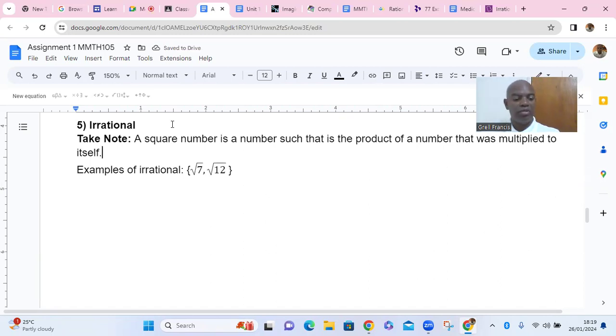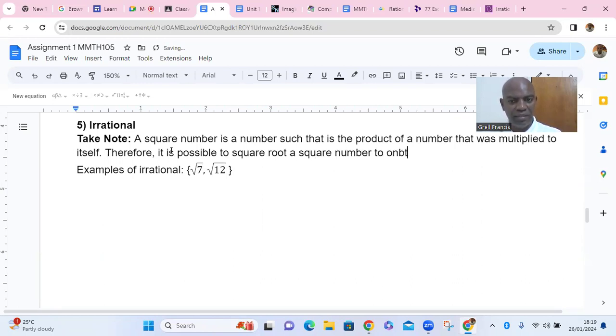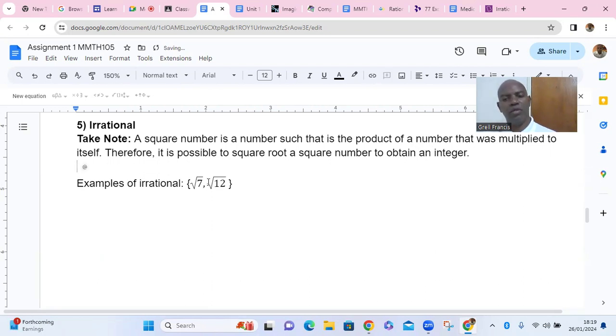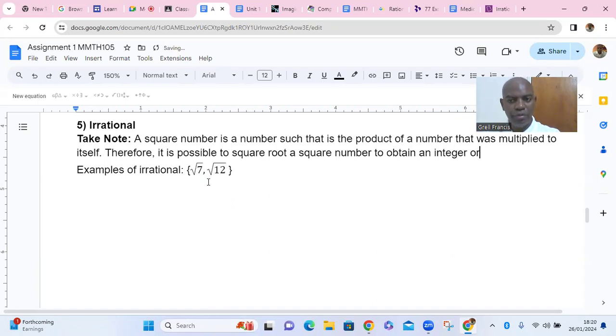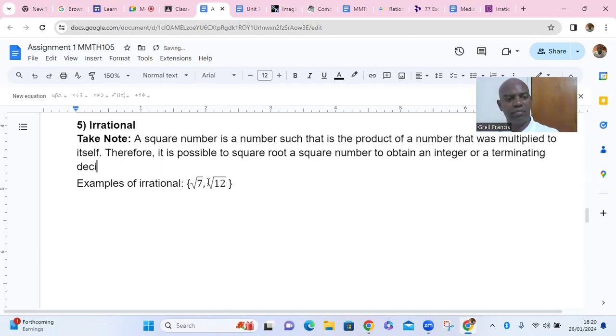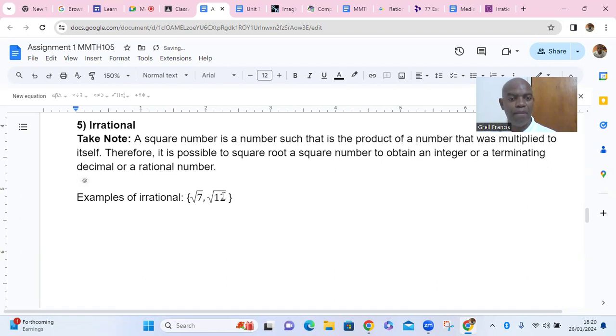The product will be a square number, such that it is possible to square root a square number and get an integer, or a terminating decimal, or a rational number if you want to put it that way. The square root of 25 is 5 because 5 times 5 is 25.